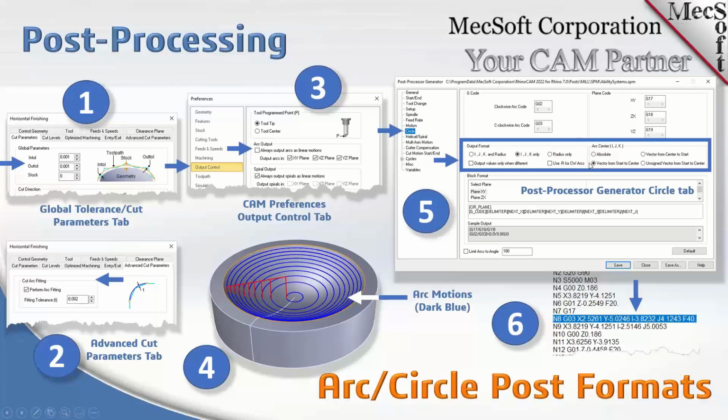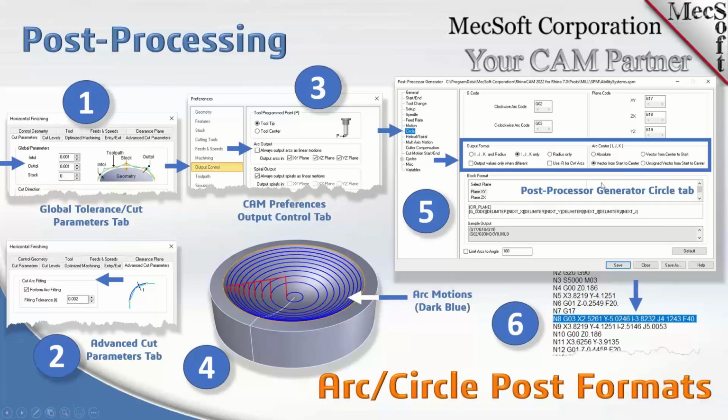So you need to look at your machine controller manual. If you don't understand the manual, call your machine vendor or the machine manufacturer and ask them to send you detailed instructions on outputting or interpreting arcs for your machine controller. And once you find out what the proper format is, you can go back and make that adjustment here in your post.